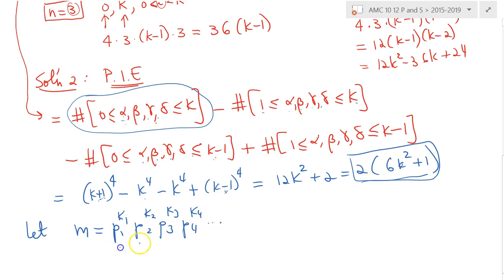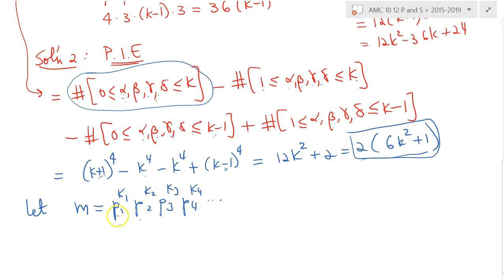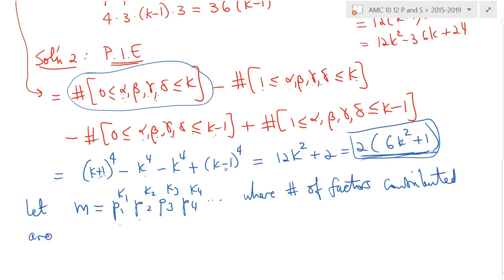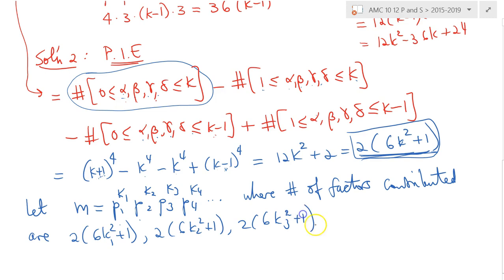We don't know how many primes it has, and each one contributes this many solutions, so the number of solutions contributed is 2 times 6 k1 squared plus 1, 2 times 6 k2 squared plus 1, 2 times 6 k3 squared plus 1, 2 times 6 k4 squared plus 1, and so on.